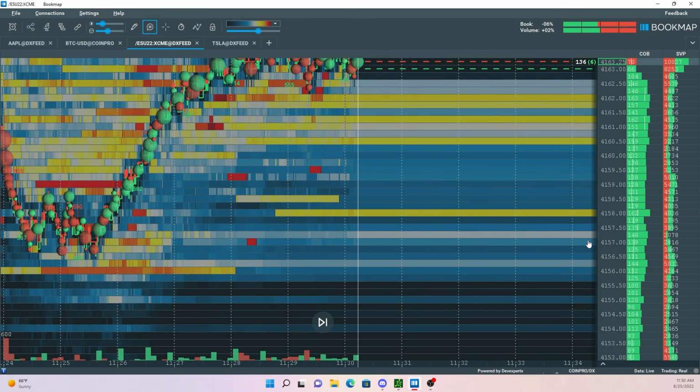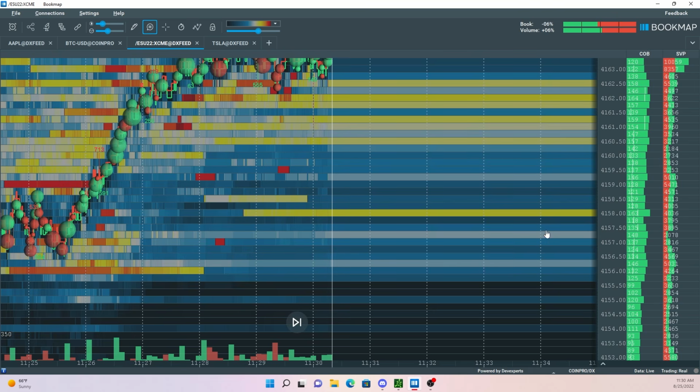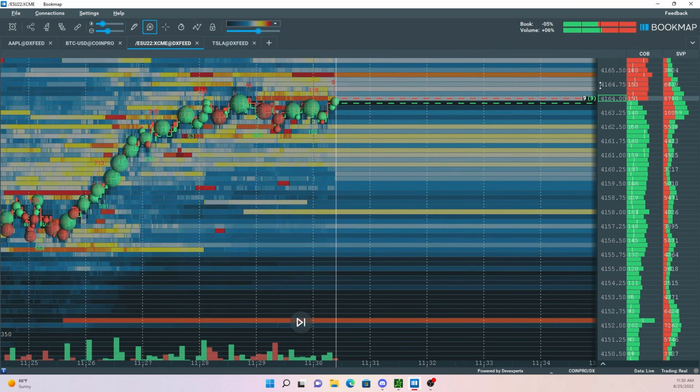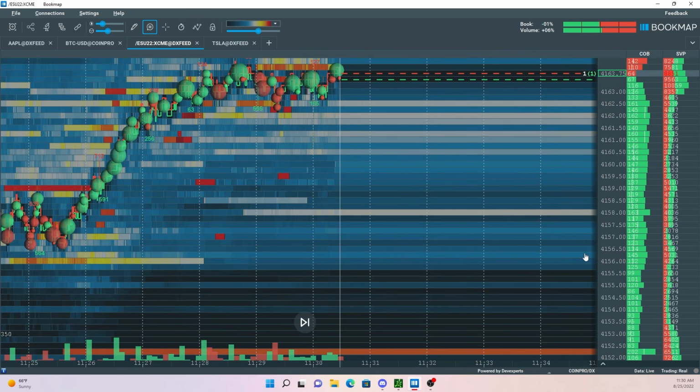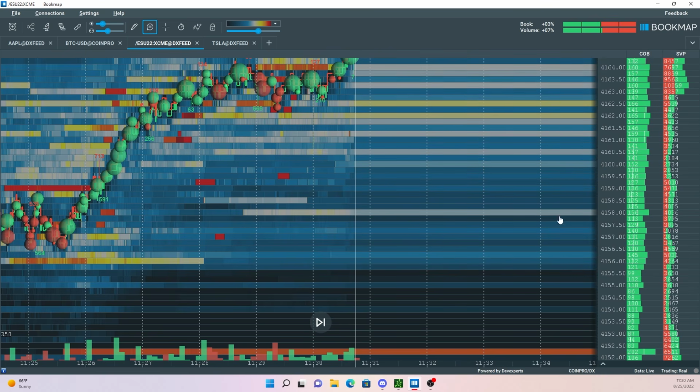Say we have a few red lines from 4157 all the way down to 4156. Well, if we have a bunch of buy orders just sitting here and not a lot of sell orders until, let's just say, 4165, more than likely we are going to bounce at that level, especially if the aggressive sellers cannot surpass the buyers that are just sitting here waiting to get their orders filled.